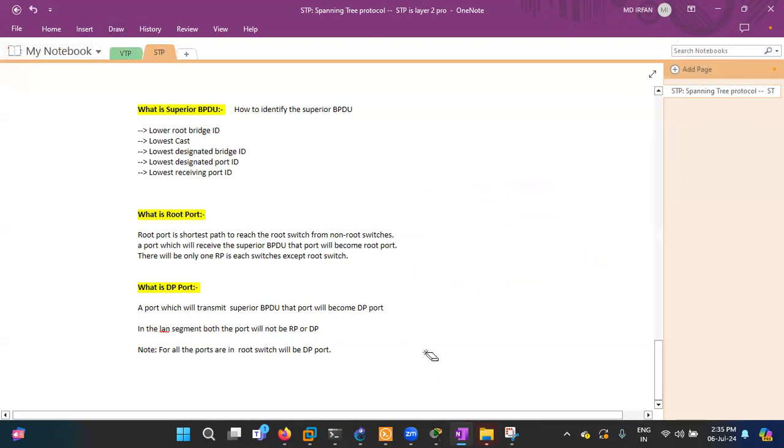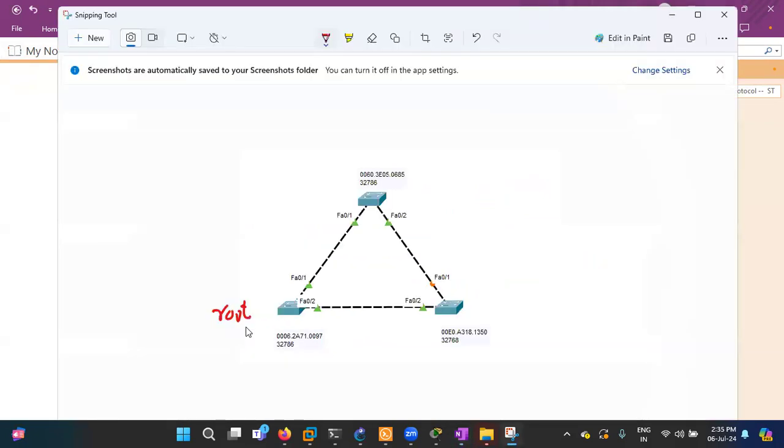Done. Now I'm coming to our question. Now root port is defined, right? Next is to find the DP port. So by default, as you've seen, all the ports in the root switch will be DP by default. That's correct.